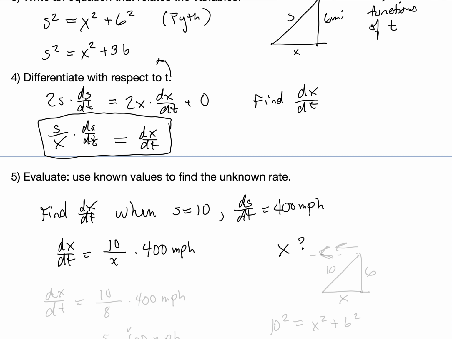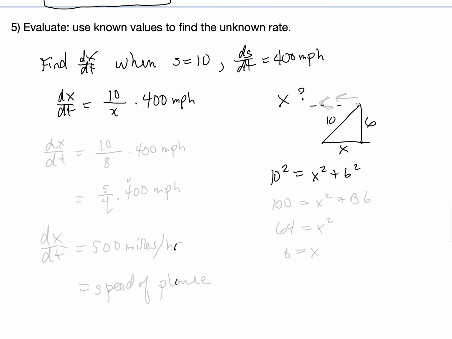So we can go back to our Pythagorean theorem. x is the horizontal distance between the plane and the station. We know s is 10 at that particular moment in time, and the height is always 6 miles. So at that particular moment, 10 squared, the hypotenuse squared, equals x squared plus 6 squared.